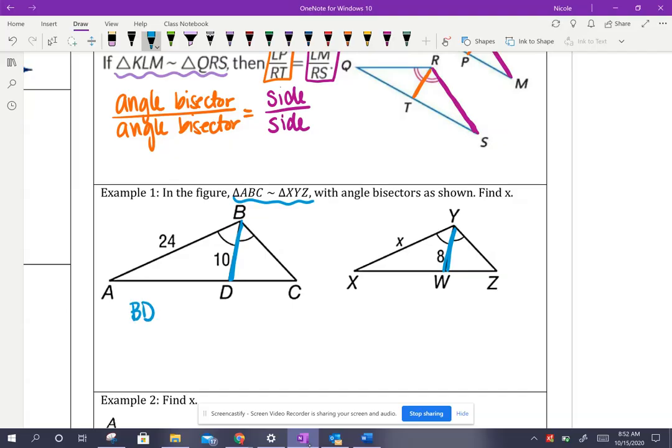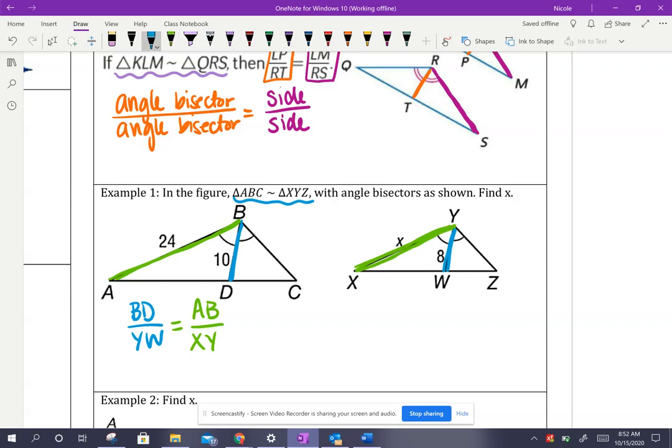So we're going to set it up as BD over YW. And the corresponding sides that are going to go together is AB and XY. So it's going to be equal to AB over XY. So bisector over bisector, side over side.